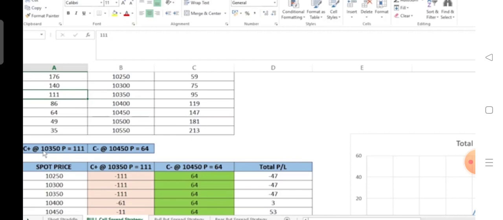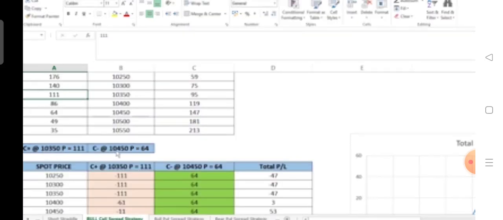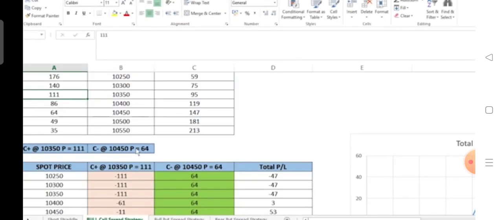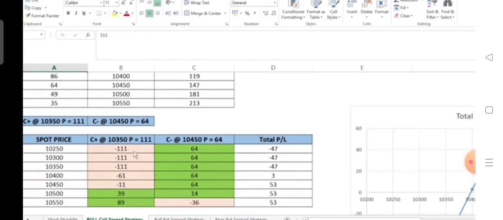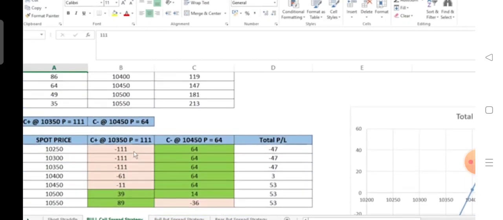And simultaneously, we sell a higher strike price call option. So we decide to sell the 10,450 strike price call option, receiving a premium of 64 rupees. Now let's see what actually happens when we enter into this strategy.